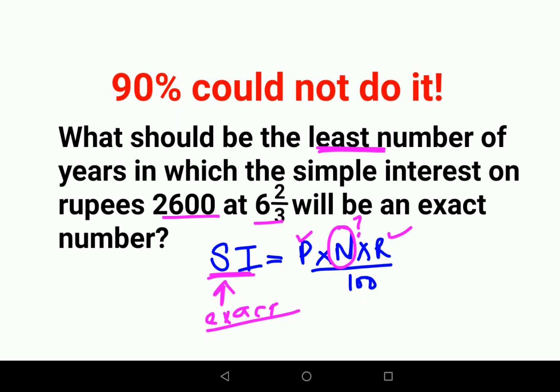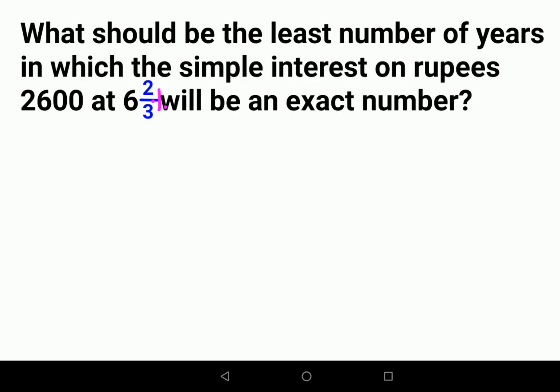So the first thing we can do is put the formula of simple interest, which is P, which is 2600, into R. Now R is given in the mixed form, 6 2/3, so we'll convert it into improper form. How is that done?